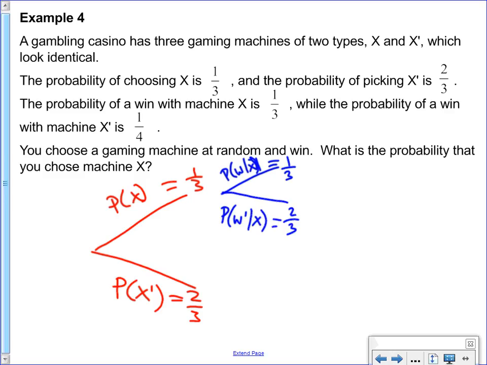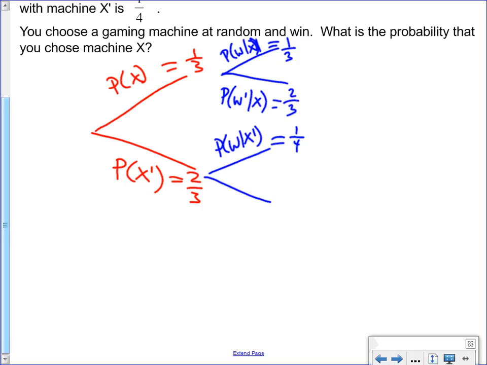The probability of winning if you're on machine not X is 1/4, so the probability of not winning given not X is 3/4.